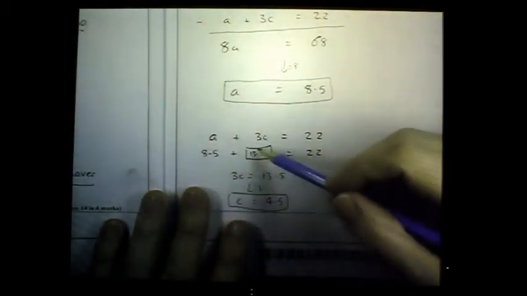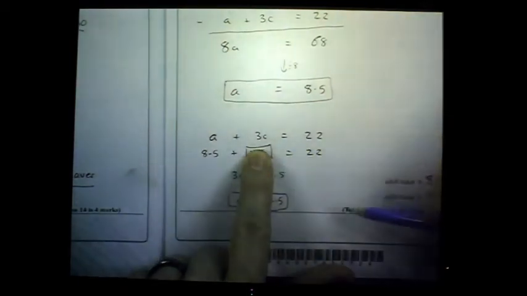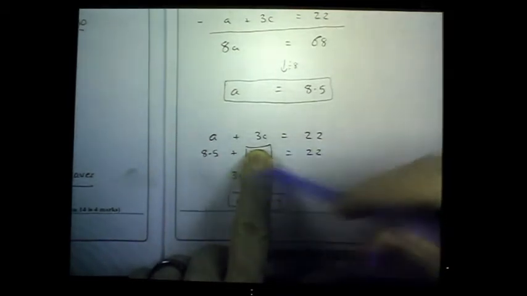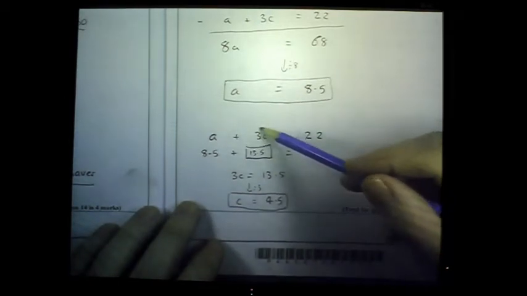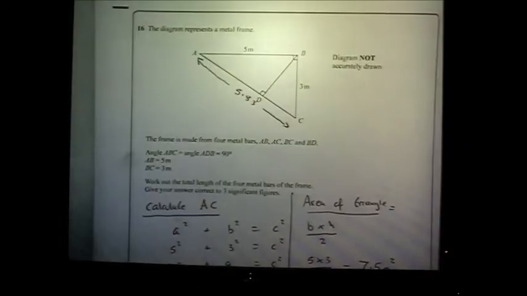Well, we know A now is 8.5, so 8.5 add something equals 22. So you need to work out what's in this box, and you just do 22 take away 8.5 gives you 13.5. So 3 child's tickets is £13.50. So to find each one you divide it by 3, which is what I've done, and it's £4.50.